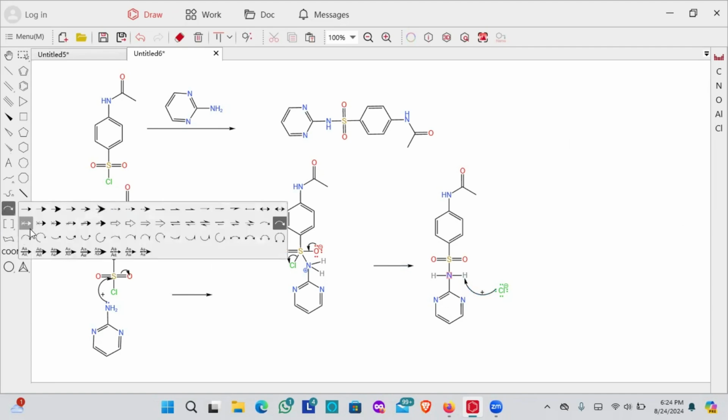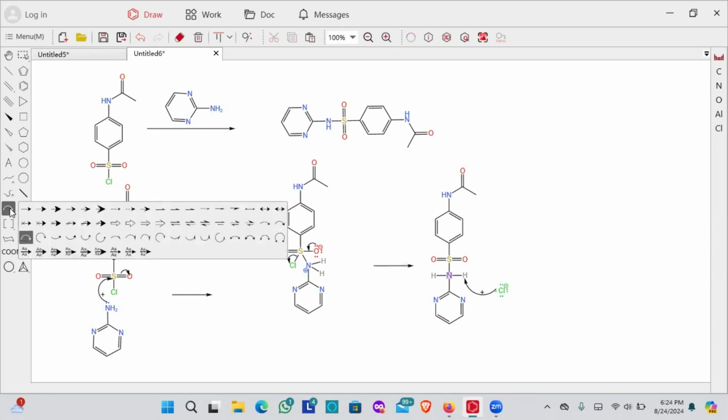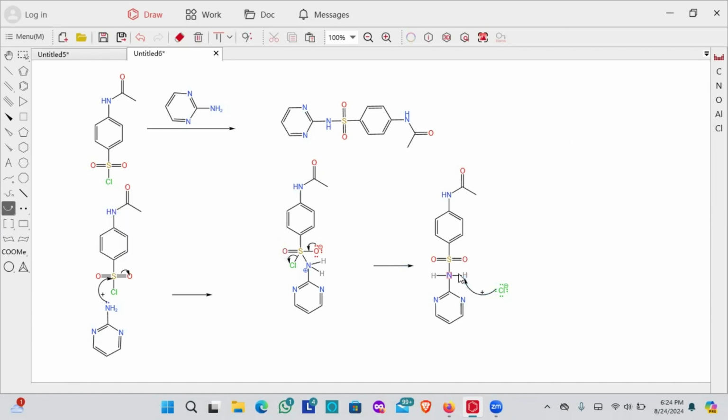And let's show how the covalent bond is going to break down. And one more thing is that we also have to include the positive charge that's on the nitrogen here.